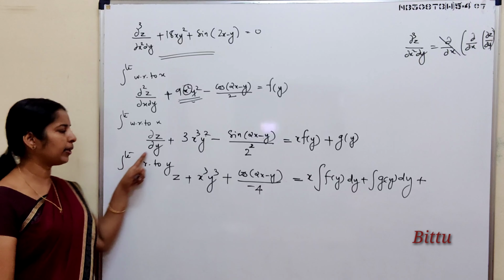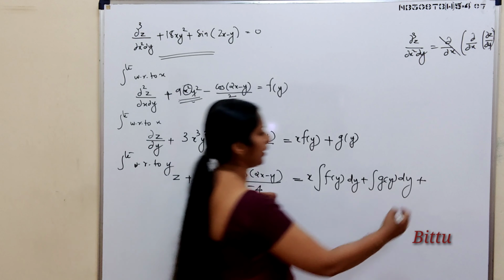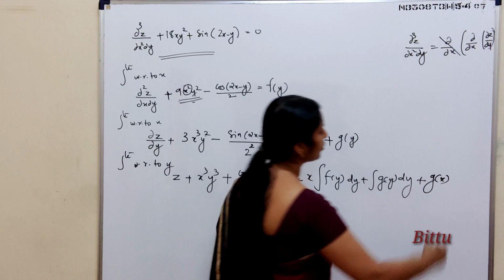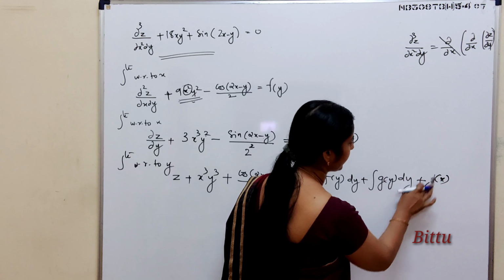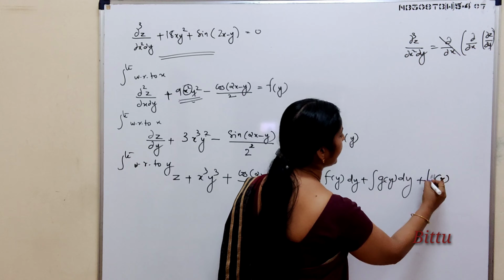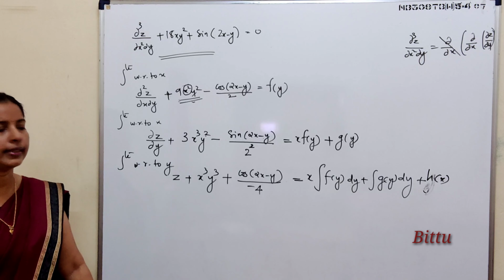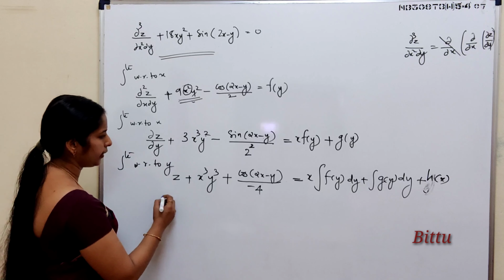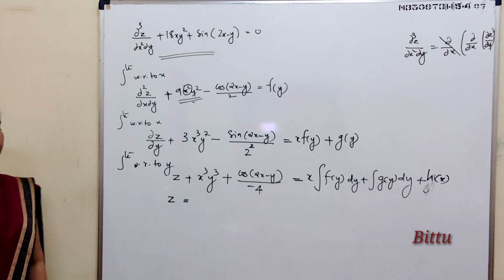While differentiating partially with respect to y, we kept x as a constant. So this constant contains a function of x. So we can take it as, see, already we mentioned a function g, so you consider another function of x as h of x. See, this is our z. That is, our solution of this partial differential equation is z.